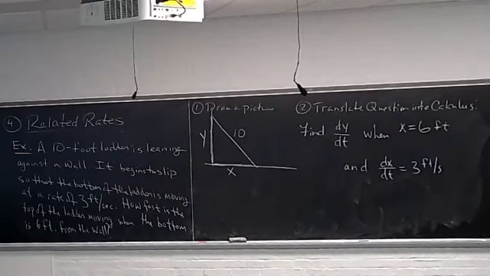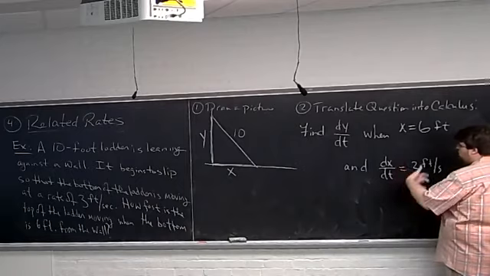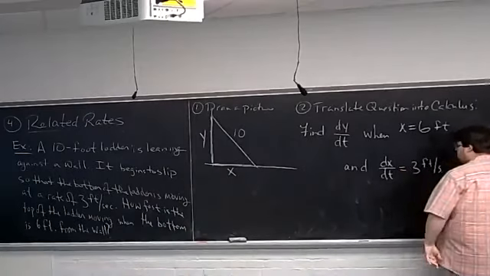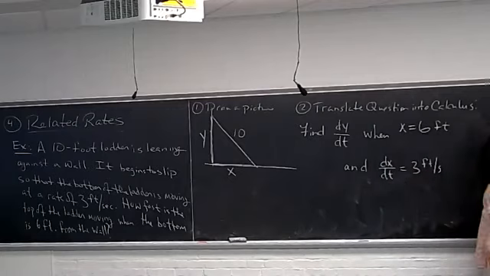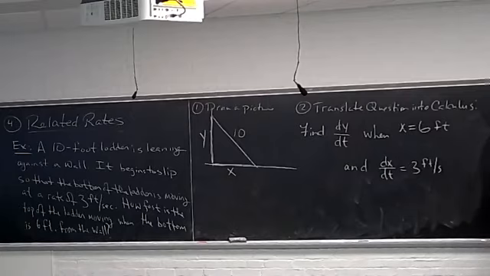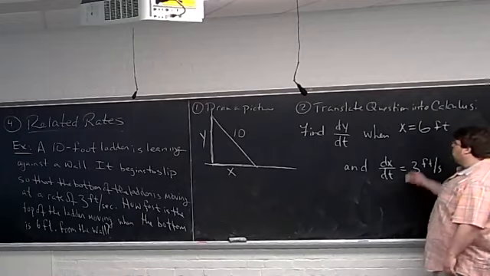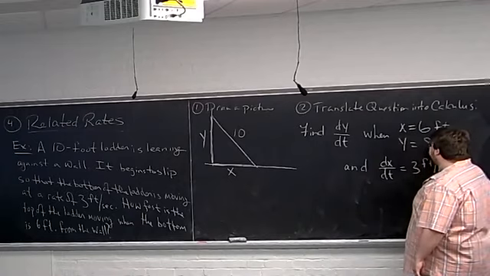I like to throw units on the rates because it helps. The units show up in the notation for the derivative. Another reason to use the fractional notation is because it looks like the units of a rate of change. So this question is really saying find dy/dt when x equals 6, something else, and when dx/dt is 3.